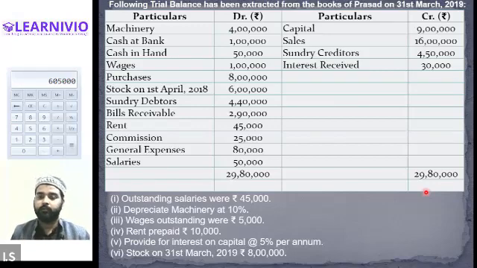Done, everyone. Gross profit, everybody got gross profit 8 lakh 95,000. Yes, sir. I got it.